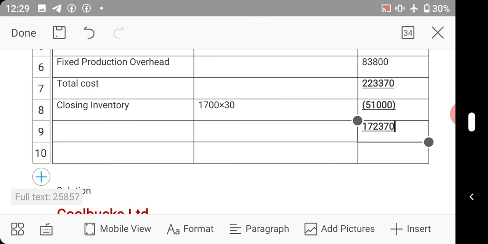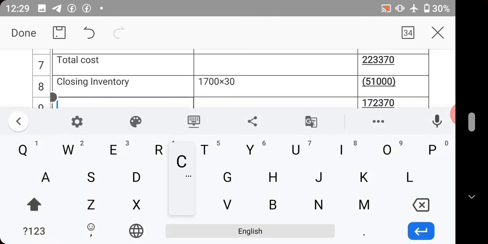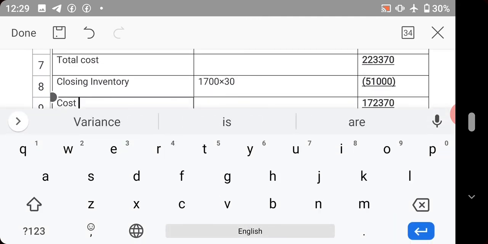So you now take this away from your sales. Remember, this is cost of sales. You take away cost of sales from sales. You understand?